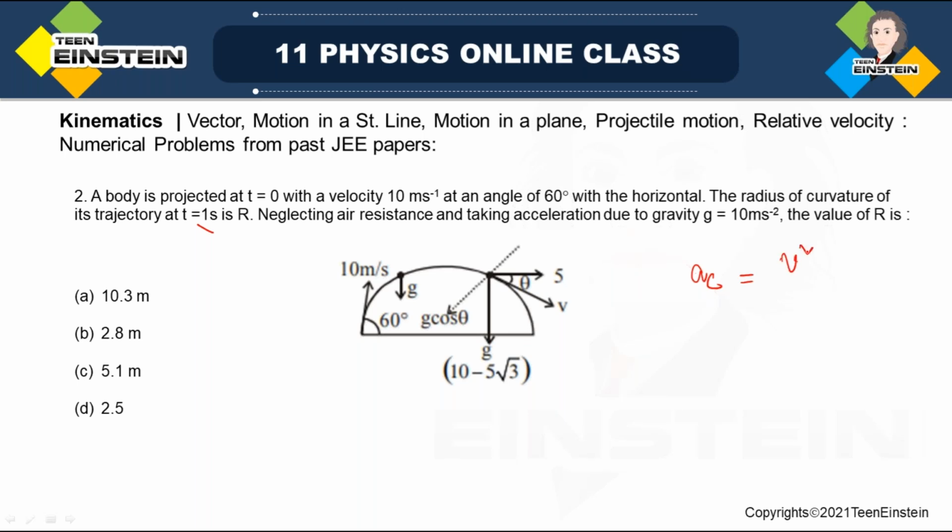So that is actually v square by r. This is a clue. And what is v square? V square is the total velocity as you see in this figure at this particular position. Now we can find out theta by writing tan inverse vy by vx. Okay, so theta will be obtained.